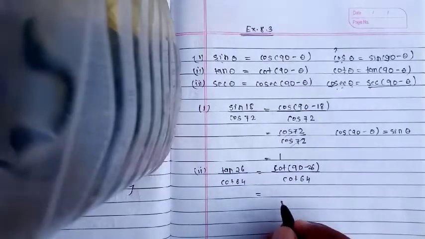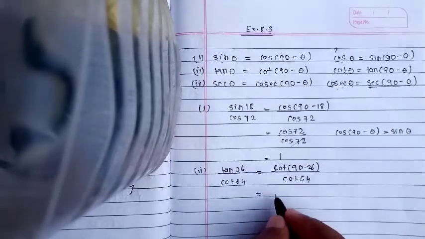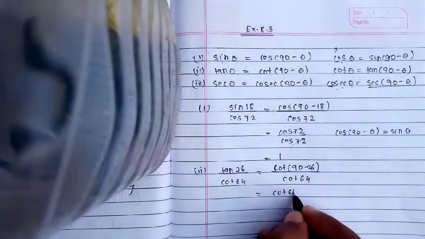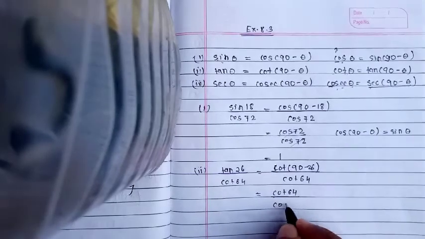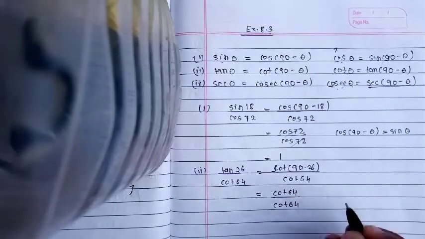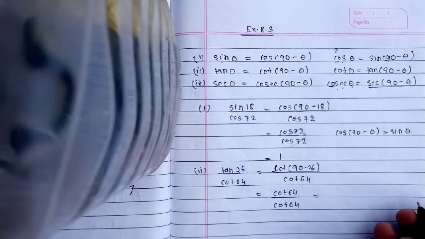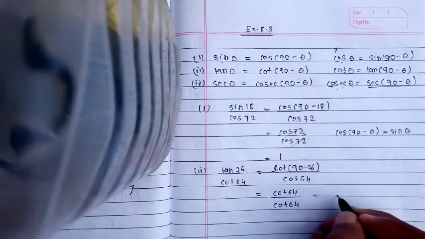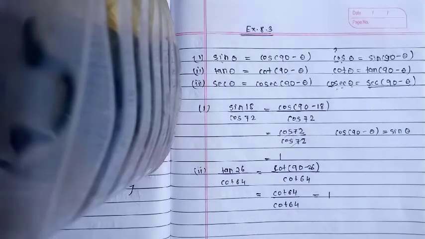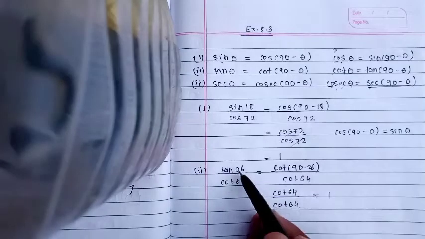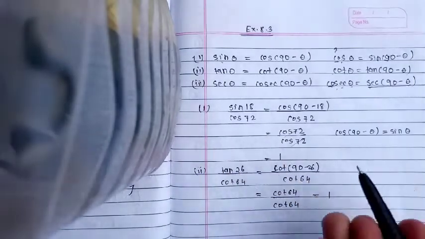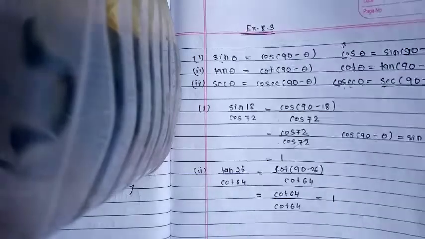Then this will become cot 64 upon cot 64, which is equal to 1.